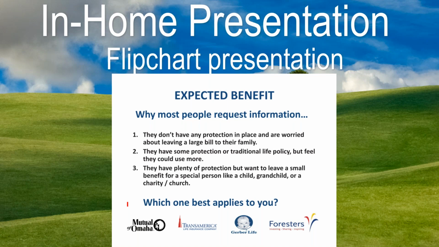Two is they have some protection, like a traditional life policy, but feel they could use more. Third is they have plenty of protection, but want to leave a small benefit to a special person like a child, grandchild, a charity, or their church. Which one of these best applies to you? Now, typically when I've done this, I've already identified which one, so I'm just confirming which one it is.